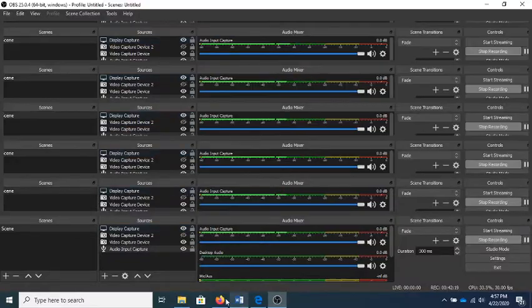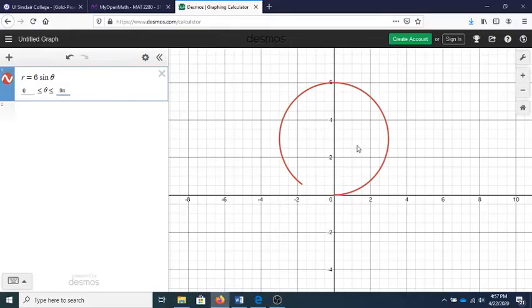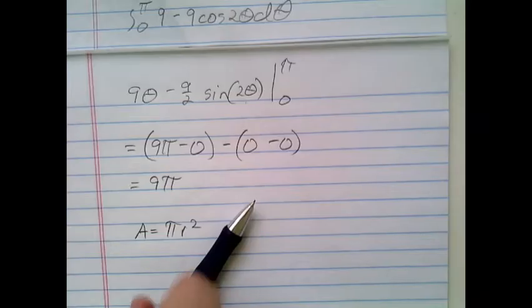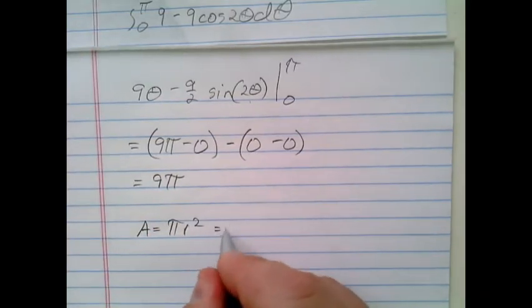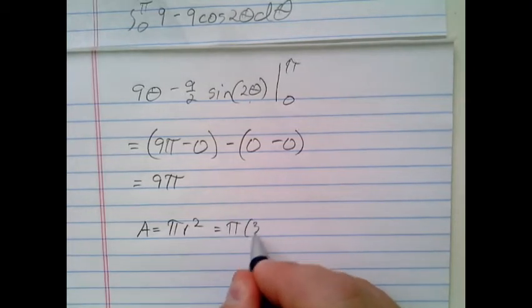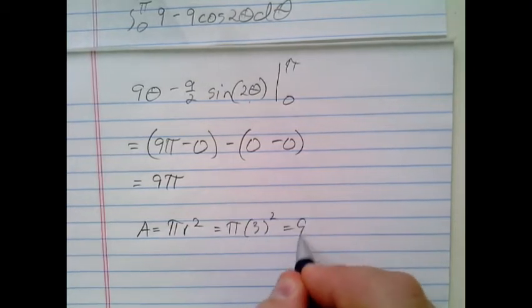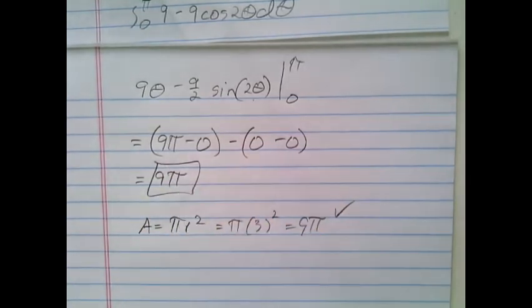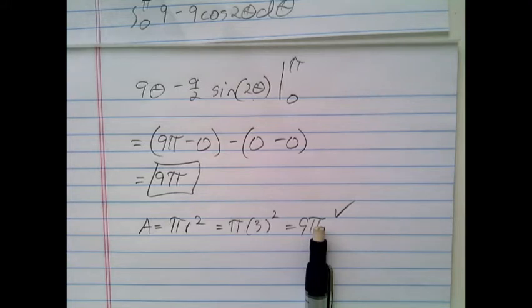Remember, this is a circle that goes from 3 to 6, so its radius is 3. So it should be pi times 3 squared, which is 9 pi. So check. Our integration setup does seem to have given us a correct answer.